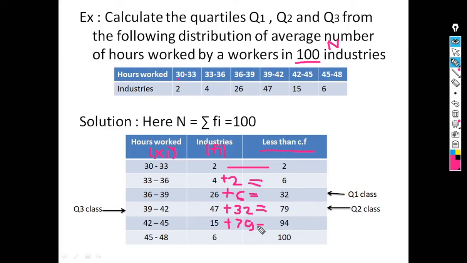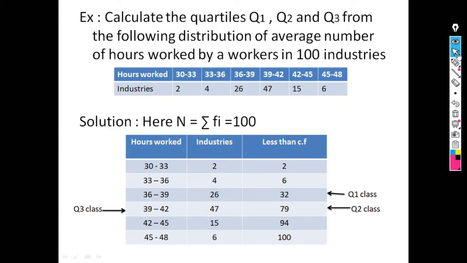And the last one is 94 plus 6, that is equal to 100. So in this way we can calculate less than type cumulative frequency, and our answer is right because the total frequency is already given, that is 100, and our last observation is also 100. So the first step is to calculate less than type cumulative frequency.